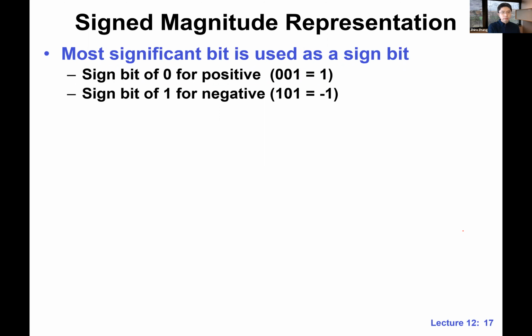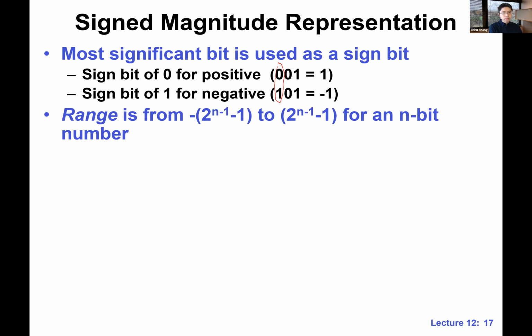So let's say we use this sign magnitude format. We use this one as a sign bit. Then the first one indicates 1, and the second one indicates -1. This is fairly straightforward, and also fairly natural.